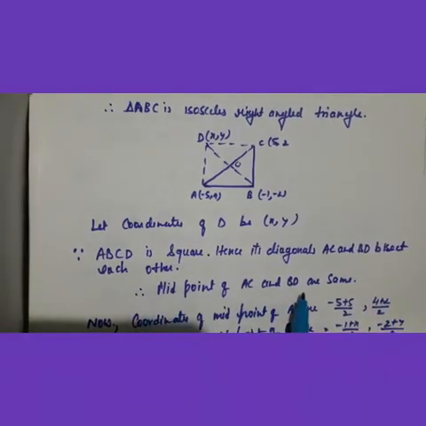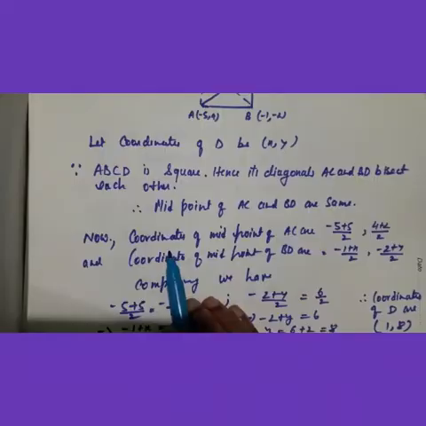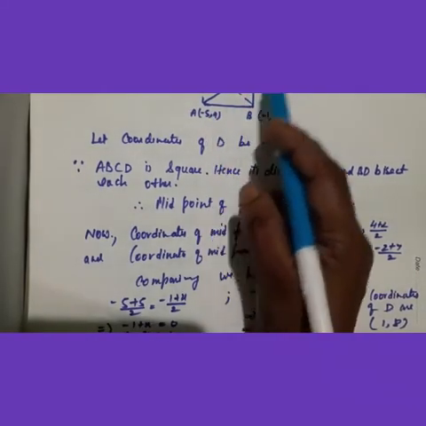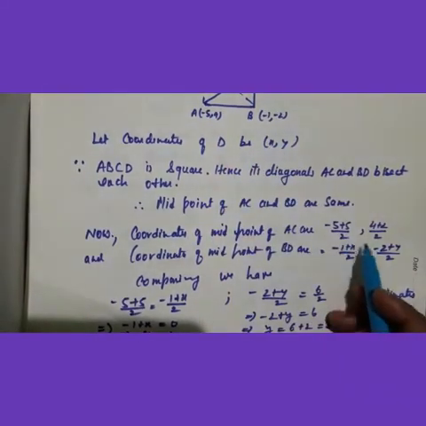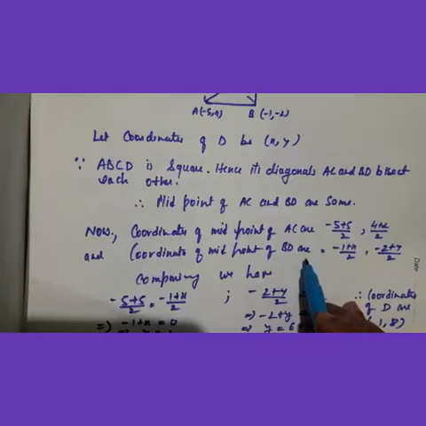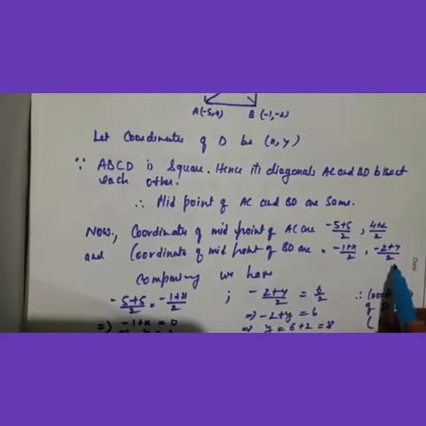Therefore the midpoints of AC and BD will be the same. Using the coordinates given, the coordinates of the midpoint of AC are (-5 plus 5) by 2 and (4 plus 2) by 2, applying the midpoint formula. Similarly the coordinates of the midpoint of BD are (-1 plus x) by 2 and (-2 plus y) by 2.